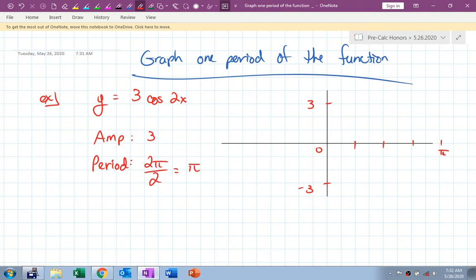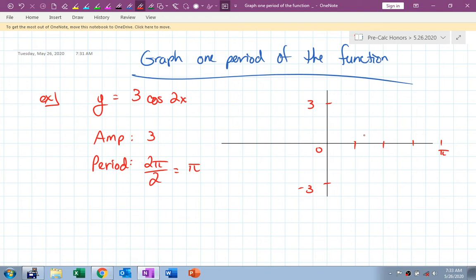And you want to end at your period. So I'm going to start at 0 and end at the period. This will change if they shift left and right, which I don't even know if we really need to cover, because it's not that big of a deal in calc, but I think we might do it anyway. So here we are.